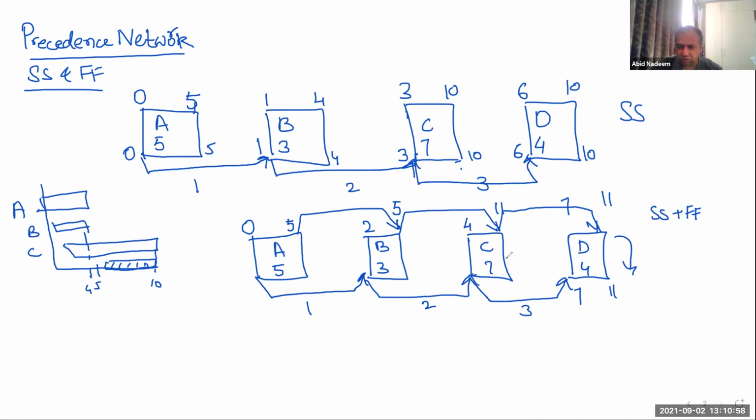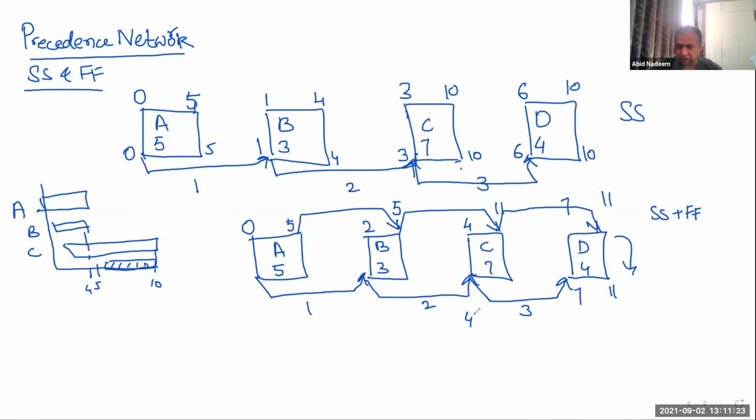From here, now we will go to this. There are now 2 arrows. One arrow is coming from the start, so 7 minus 3 is 4. And the other arrow is coming from the finish. If it is 11, then it should be 11 over here, from this 11. 11 minus 7 is 4.